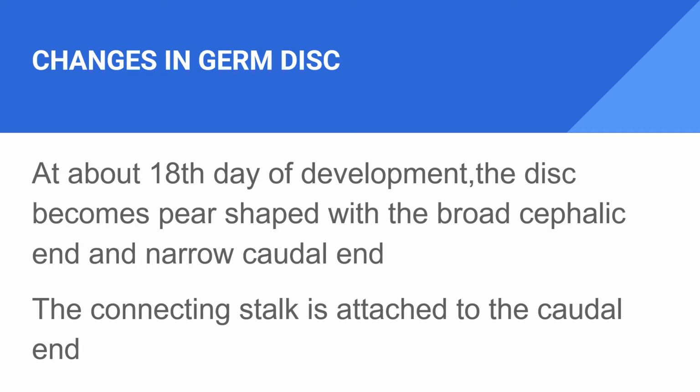At about the 18th day of development, the disc becomes pear-shaped, with a broader cephalic end and a narrow caudal end. So the germ disc has now differentiated its cephalic and caudal ends, and the connecting stalk is attached to the caudal end.